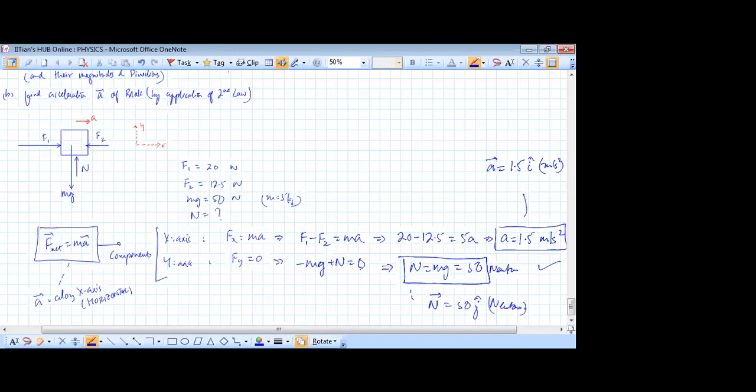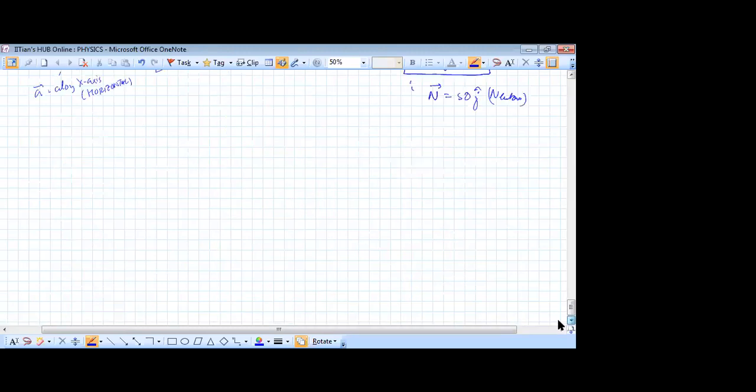Okay, so hope the vector analysis part is clear. It's pretty simple here because you're just calculating the sum of two forces which are in opposite direction. So the angle between them is 180. So the net force just becomes the difference of their magnitudes.